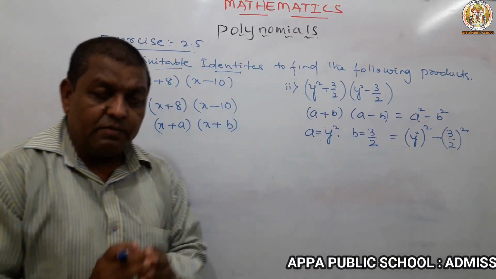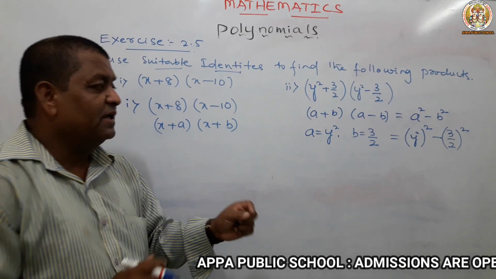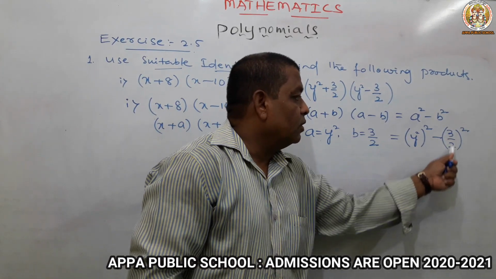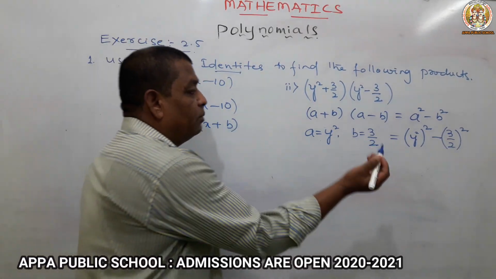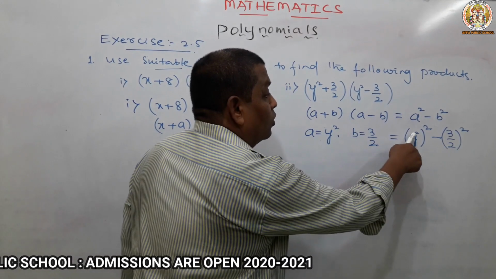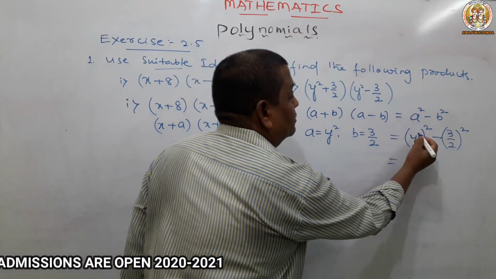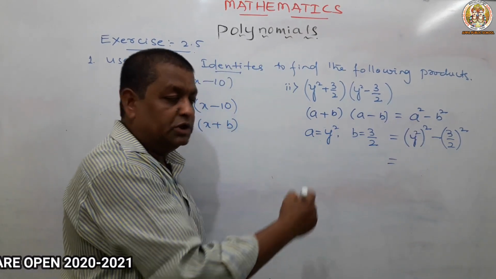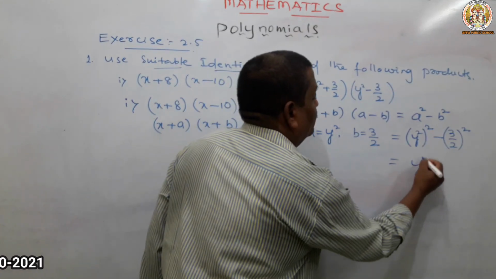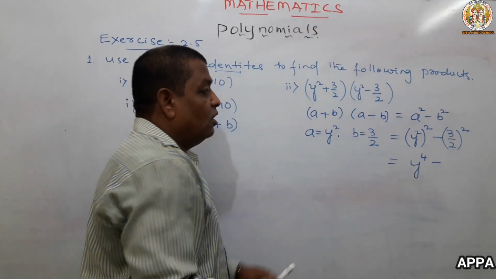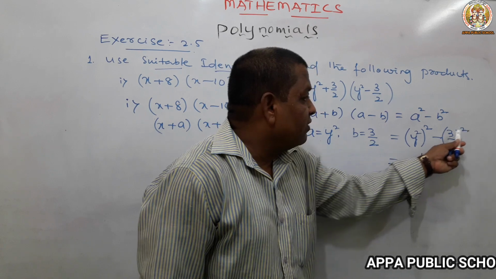So always keep whole square. So that means this square for both. Right. Open the bracket. 2 2s are 4, minus. We need to give this square for both.